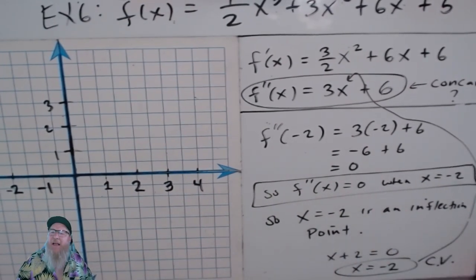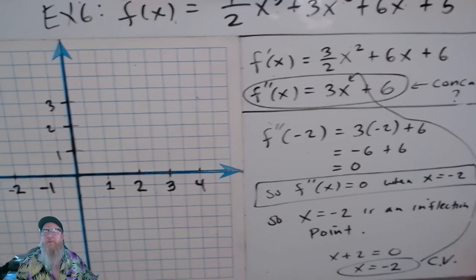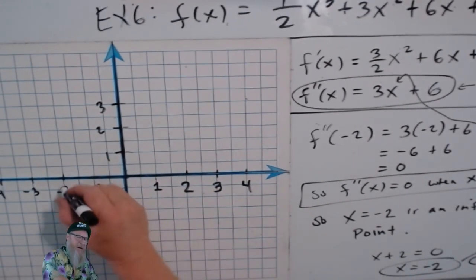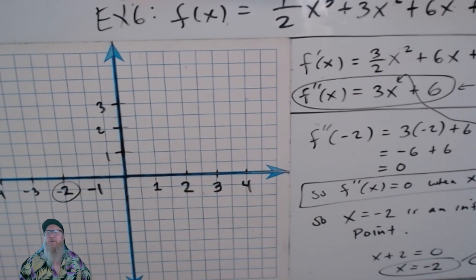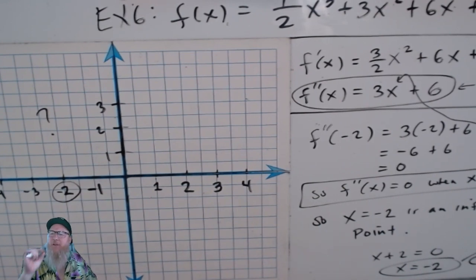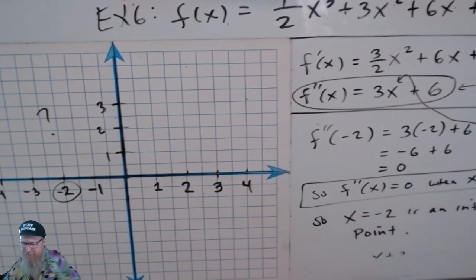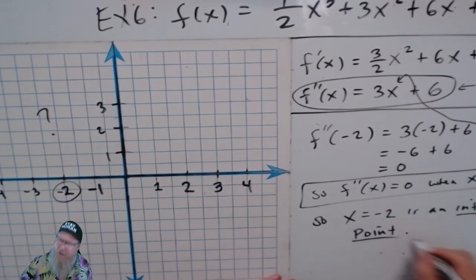So I've got an inflection point at -2. Coming over here at -2, I need to find the y value where it's inflecting. Remember, inflection means it's changing concavity.